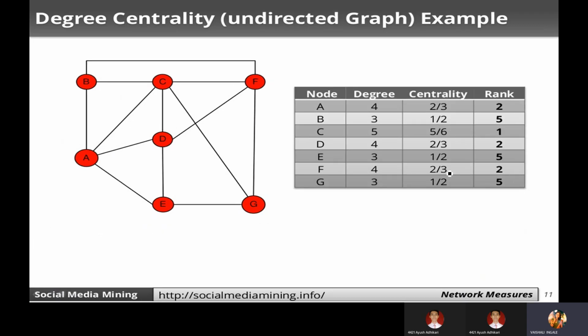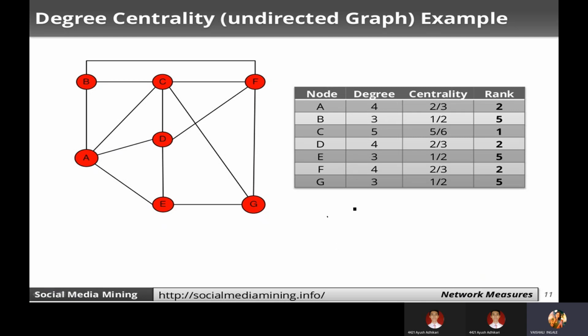Similarly, if it is an undirected graph, as in this graph here, the degree tells you the number of edges connected to a particular vertex. Here, the number of edges connected to vertex A is 4, so the degree of this node is 4.